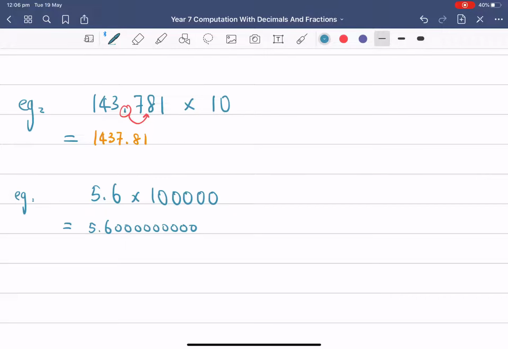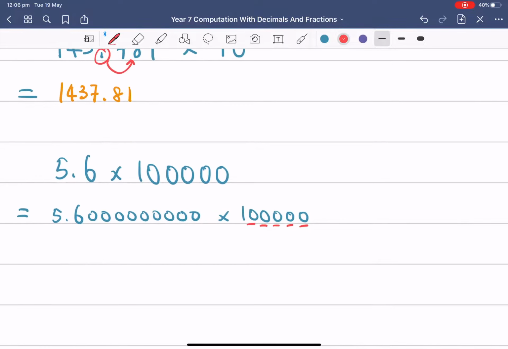It doesn't really matter how many zeros you add. It does depend on how many zeros you're timesing, but at this stage, because you don't know how many zeros you want to add, it doesn't really matter. And then you count the number of zeros: 1, 2, 3, 4, 5. 5 zeros, which means we're going to move the decimal point.